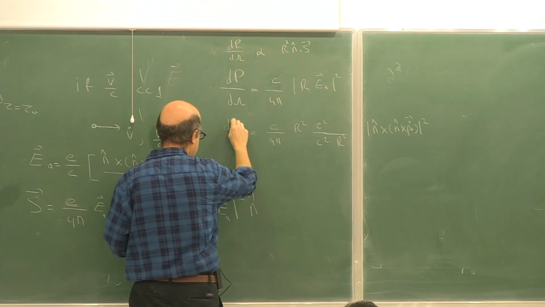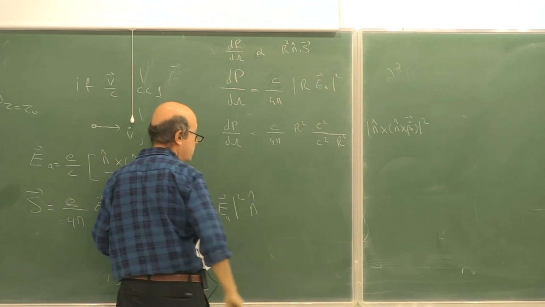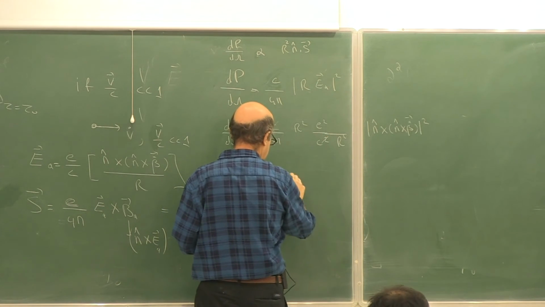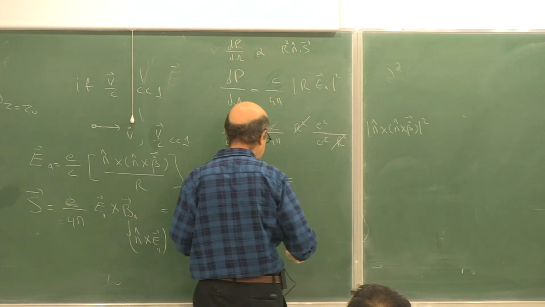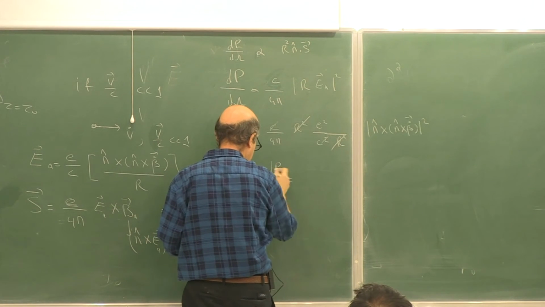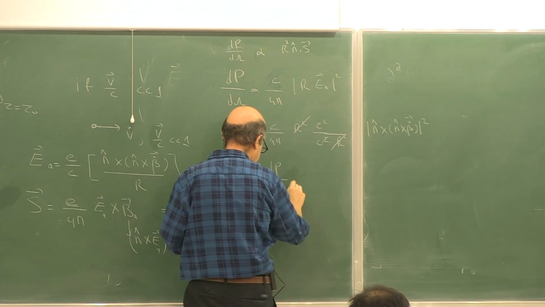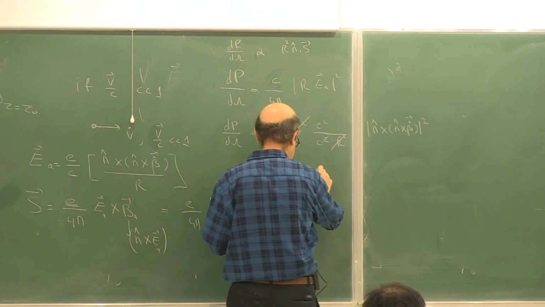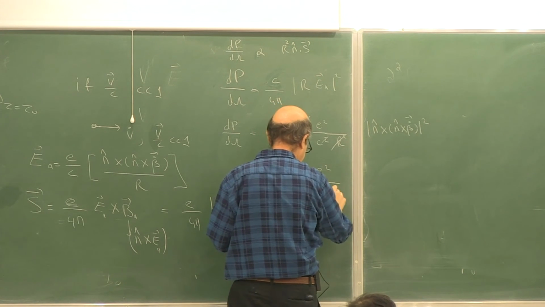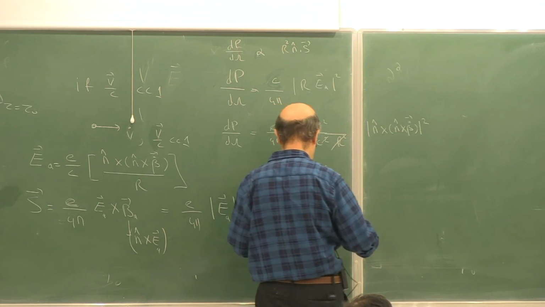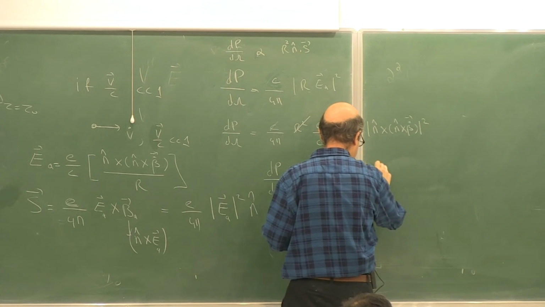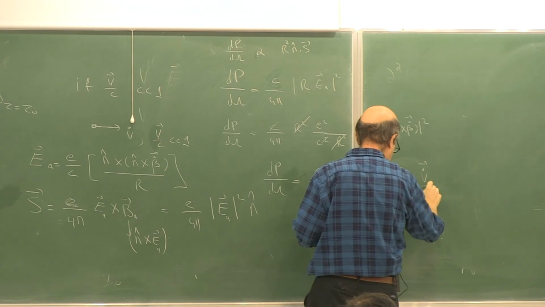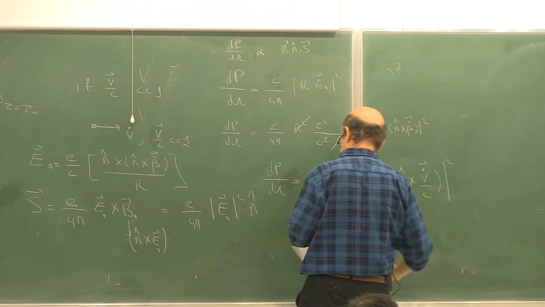So the power emitted per solid angle is in that form. Cancel the c's, and as you see, the r squared cancel naturally. That is independent of r, and we obtain e squared over 4 pi c, n cross v dot over c squared.